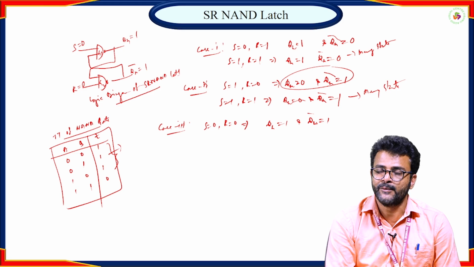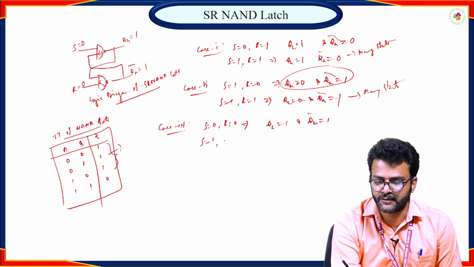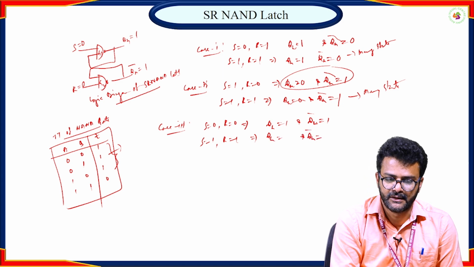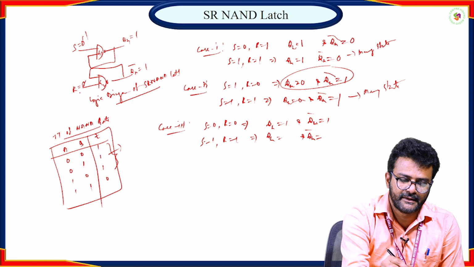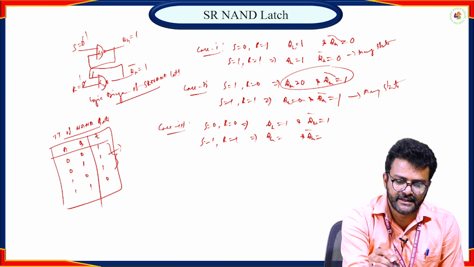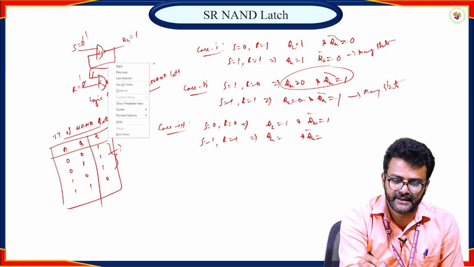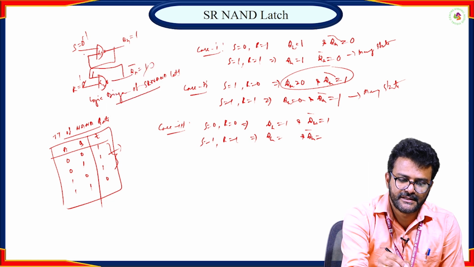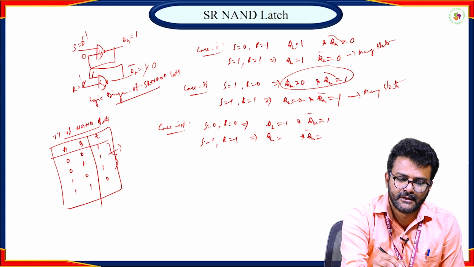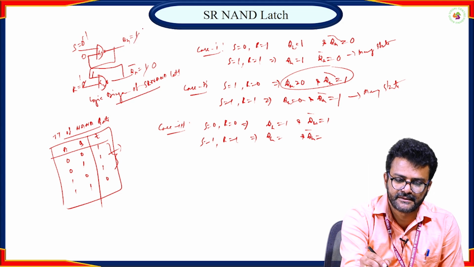But we'll check by removing the inputs. So when S is equal to 1 and R is equal to 1, we'll check whether there is any change in the data or whether it is acting as a memory state or not. So this will be 1 and this will be 1. If it is 1, 1, the output is 0. This 0 passes across, and if it is 1, 0, the output is 1.